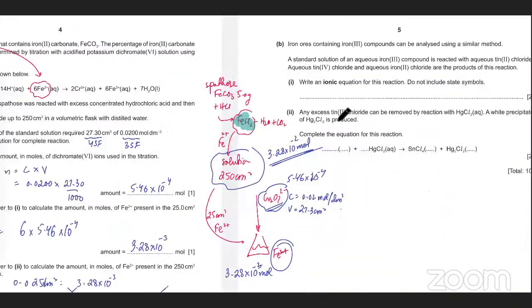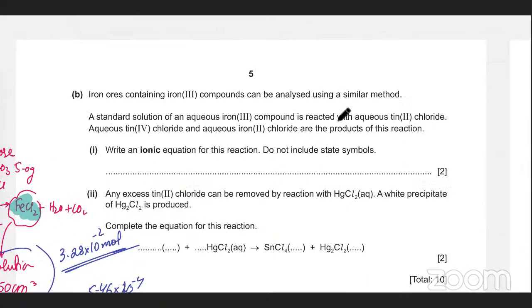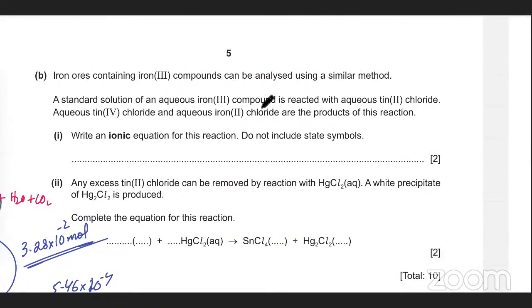And so now the next one is, he's saying a standard solution of iron 3 ions is reacted with tin 2 chloride. So Fe3+ ions are reacted with Sn2+, and it forms Sn4+ and Fe2+. So that's the equation, and he's specifically asking for the ionic equation.